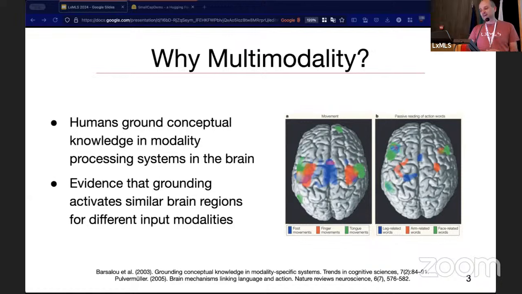And on the right-hand side, it's when people are sitting in the same scanner, but reading about these parts of the body. And there is a co-activation of different circuits within the brain according to the scan. And I think that it's just like a super compelling argument that going into the future, our language processing system should be multimodal, since human beings are multimodal and they live in an embodied environment.